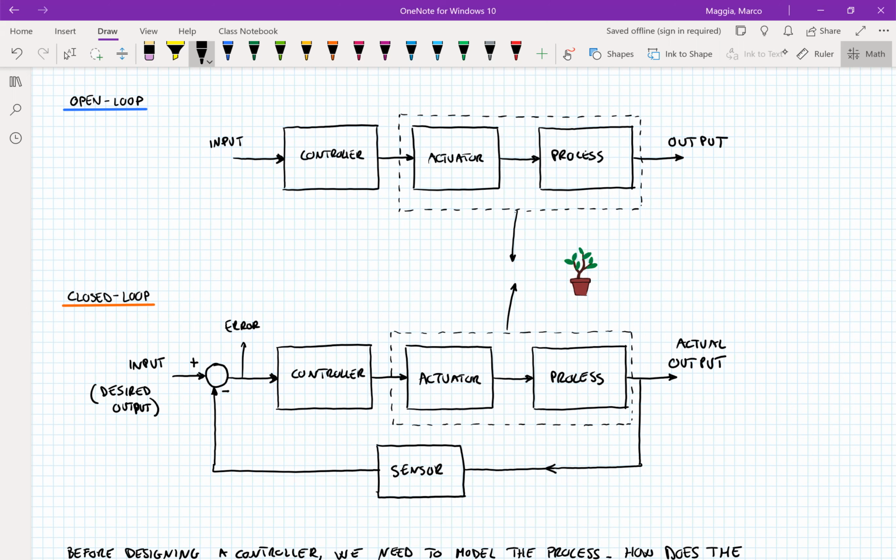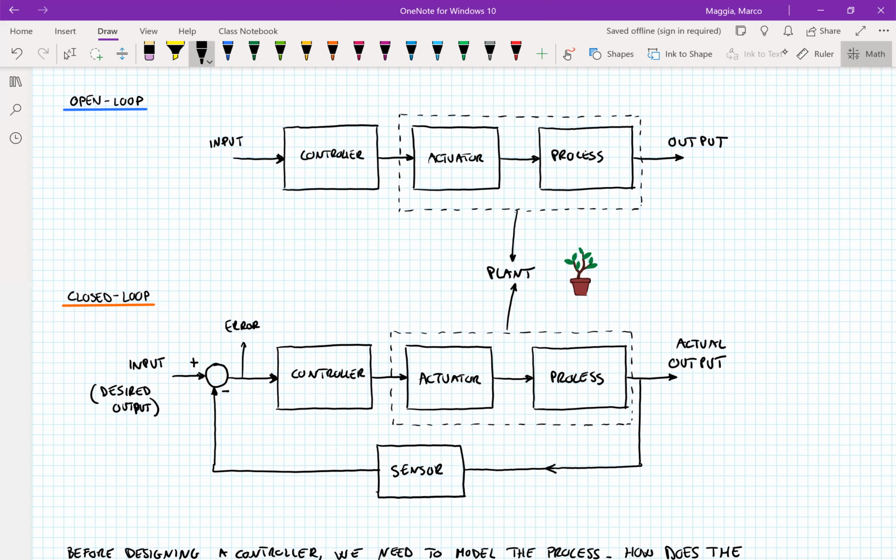We also saw that the combination of actuator and process is known as the plant. And most of the times, we're going to consider the actuator and the process together. I apologize already. Sometimes I'll just call it process when I really mean plant, because we consider the actuator being part of the process, but it will be clear.